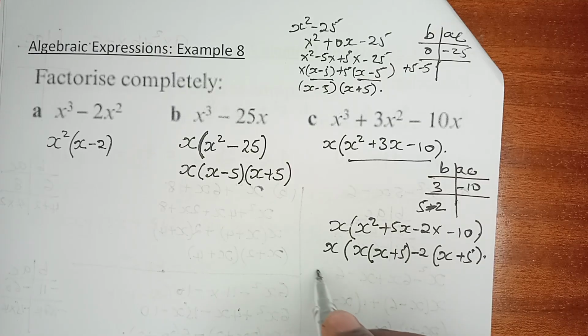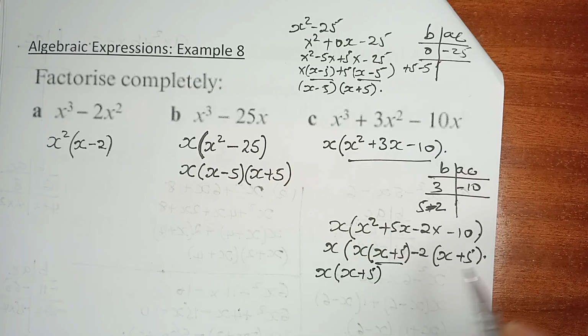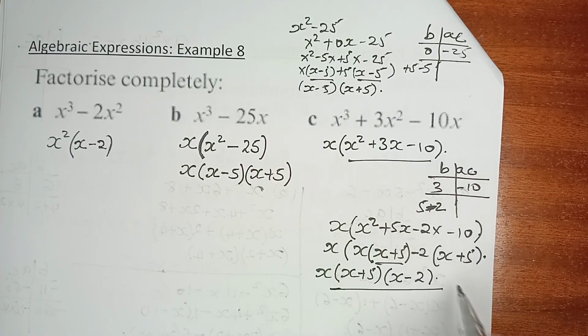So eventually you end up with x plus 5, which is this bracket, and the outer terms form a bracket of their own, which is x minus 2. And that is how it is.